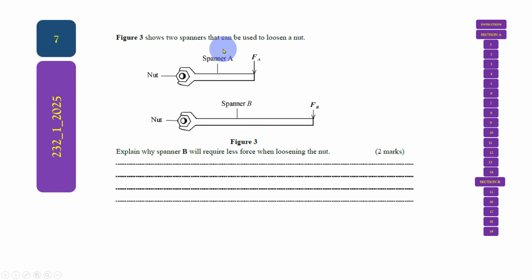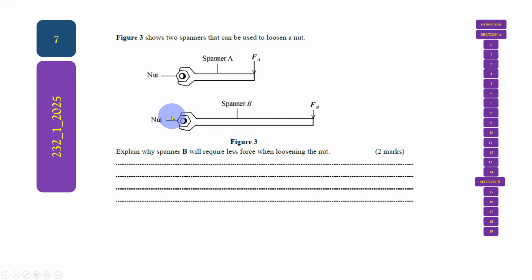When we want to loosen, there is a certain minimum torque that is required. Okay, torque, or the turning effect of that force, which is the force times the distance. These are the two factors which affect moment of a force about that point. In order to produce that torque, there is a certain amount of force that you have to apply if this is the length.